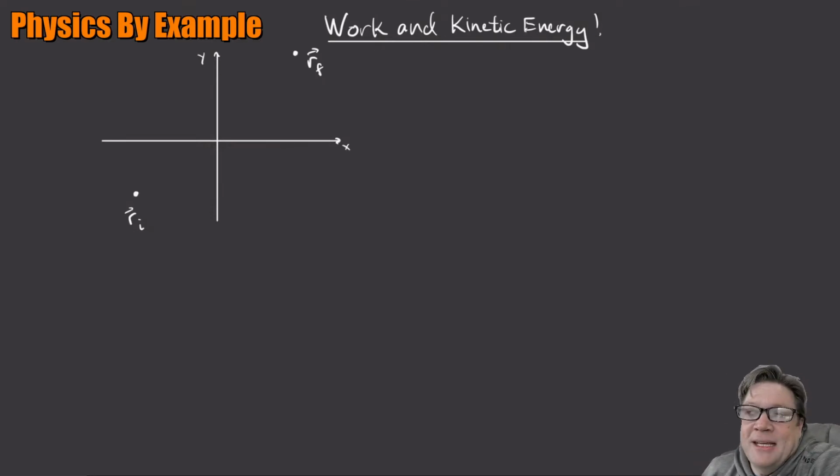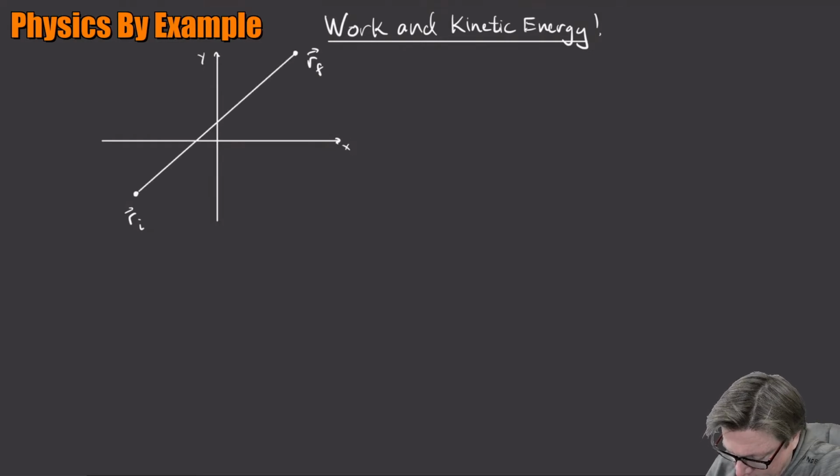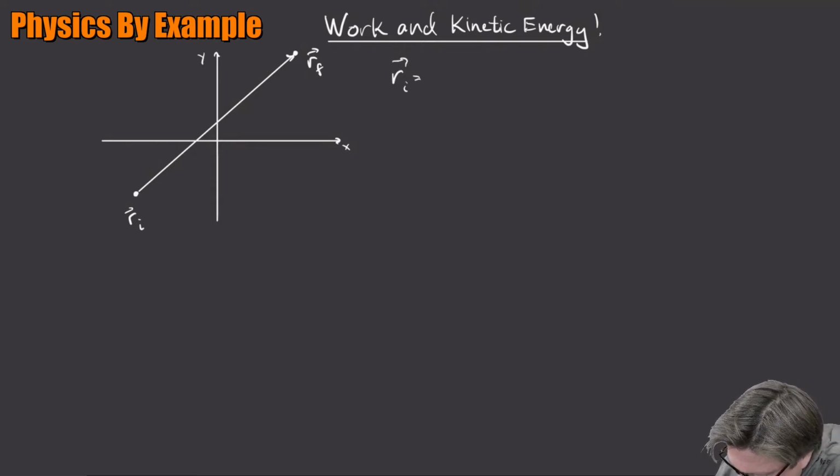Let's say I'm moving something from this r initial to r final, right? So I want to move something from this point to that point. Let's say r initial, where does it start? It starts at like -3 and -2 meters.